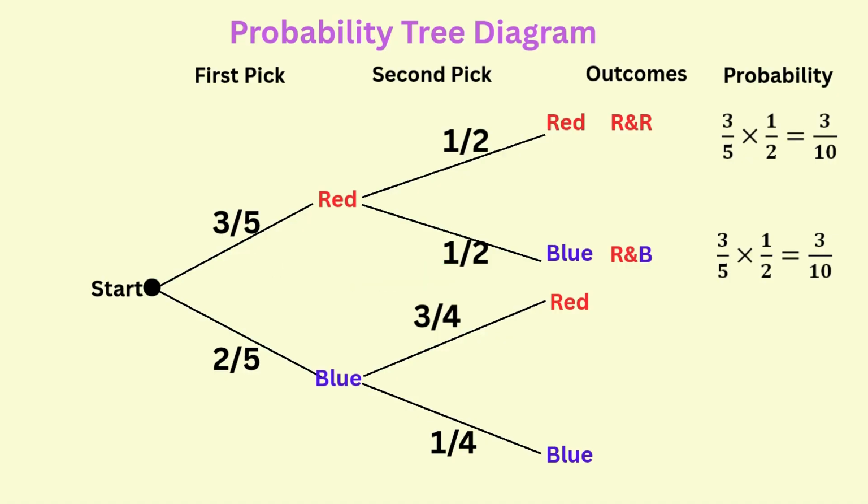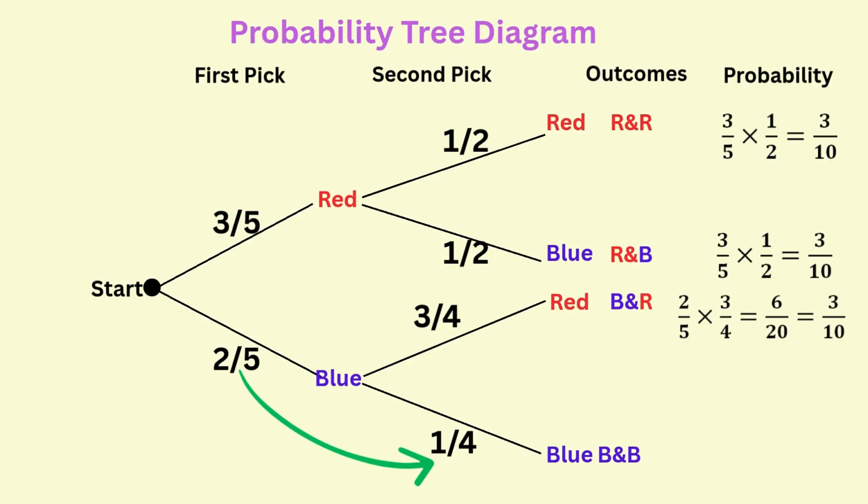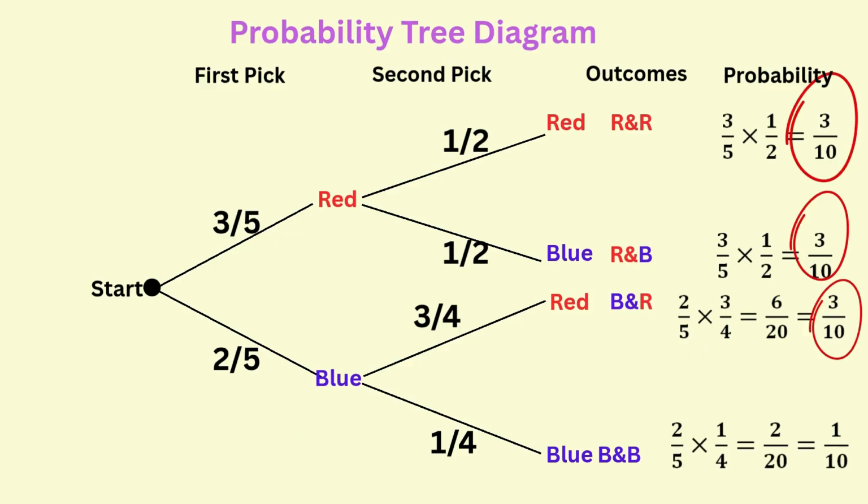The probability of getting a blue sweet and then a red sweet is 2/5 times 3/4, which is 6/20, which simplifies to 3/10. And finally, the probability of getting 2 blue sweets is 2/5 times 1/4, which is 2/20, or 1/10. By the way, notice that if we add all the probabilities, we should always get a total of 1.